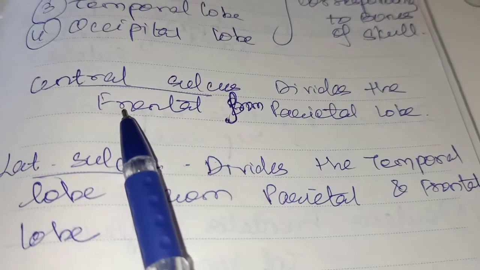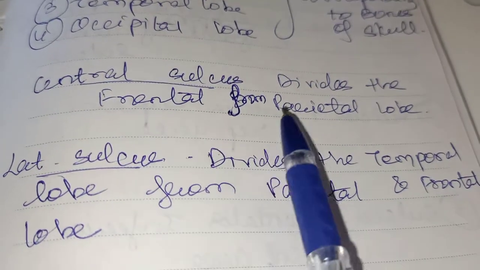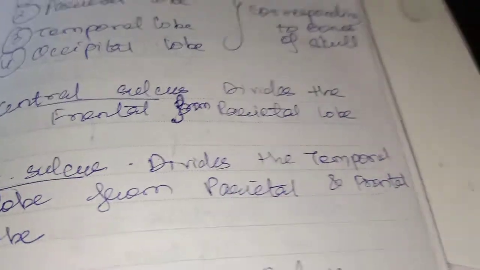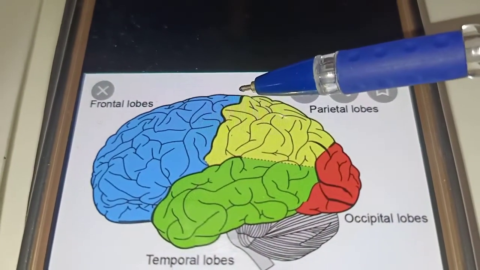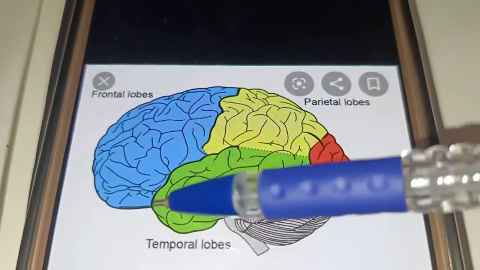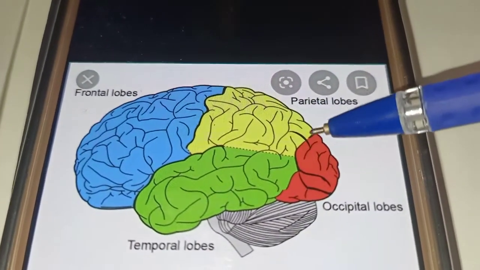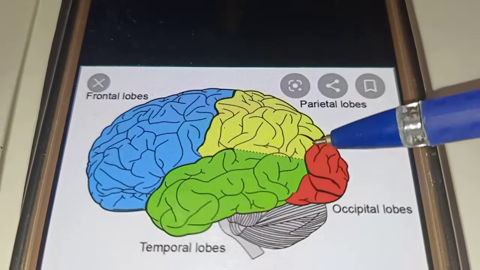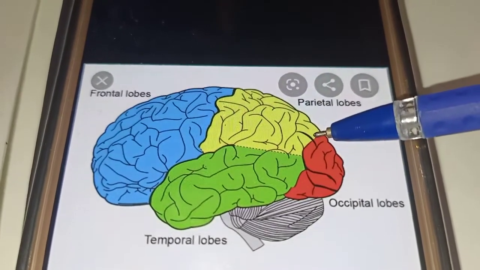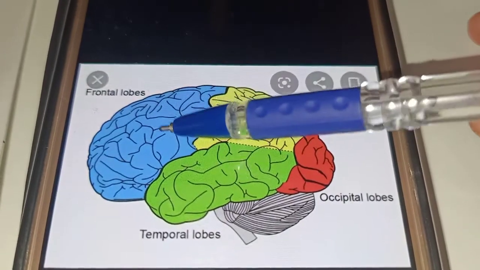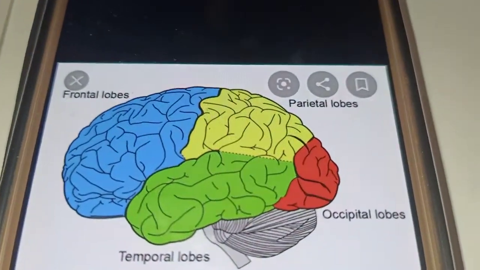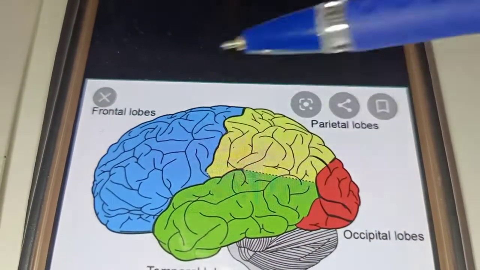Now the central sulcus divides the frontal from the parietal. This is the central sulcus, as I have shown in my previous diagram. This is the lateral sulcus, and this is the parieto-occipital sulcus. You can see easily, the central sulcus is between the frontal lobe and the parietal lobe.